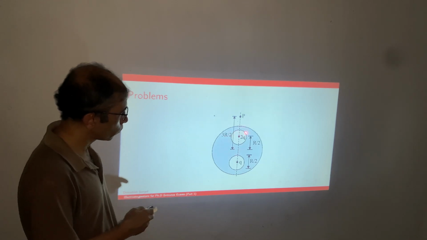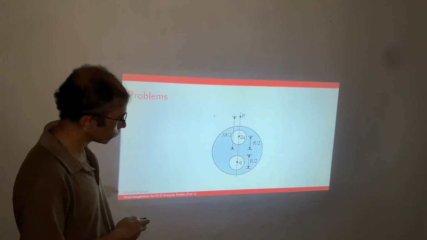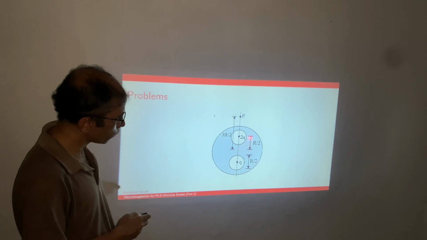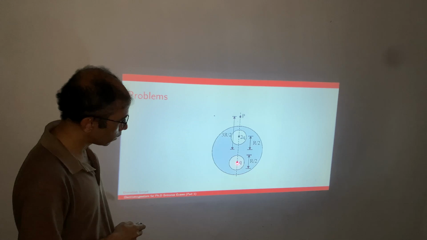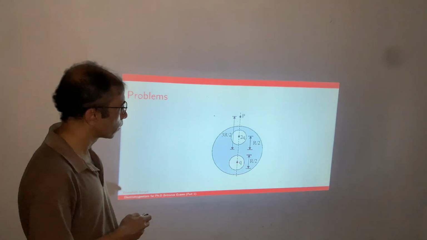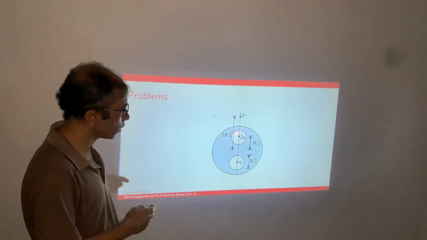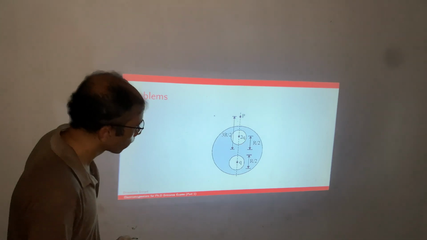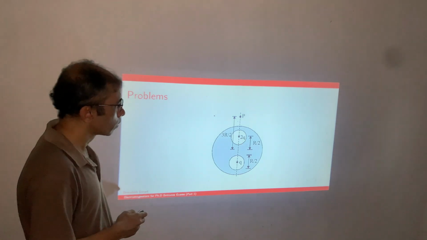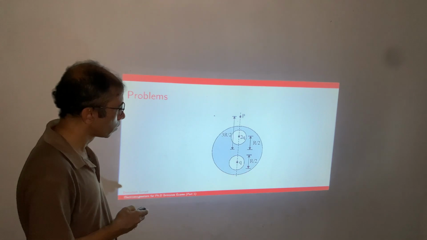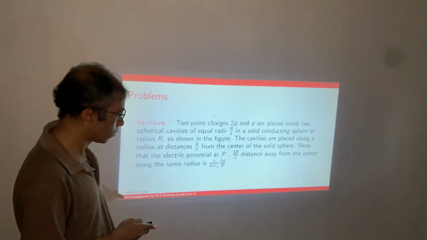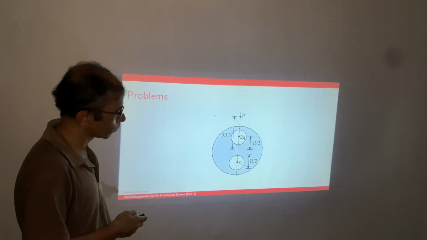Here we have two cavities, and this charge is placed at the center of this cavity and this is placed at this cavity. And this has a radius of r by 4. So what is the potential?